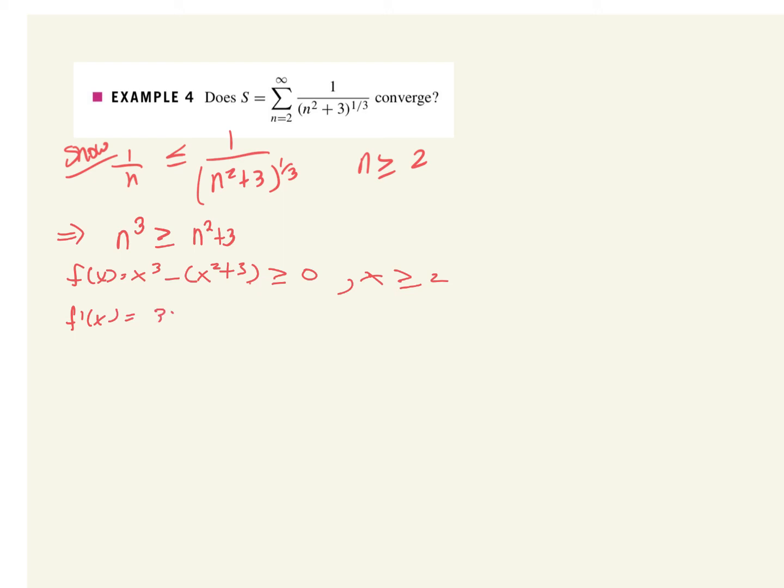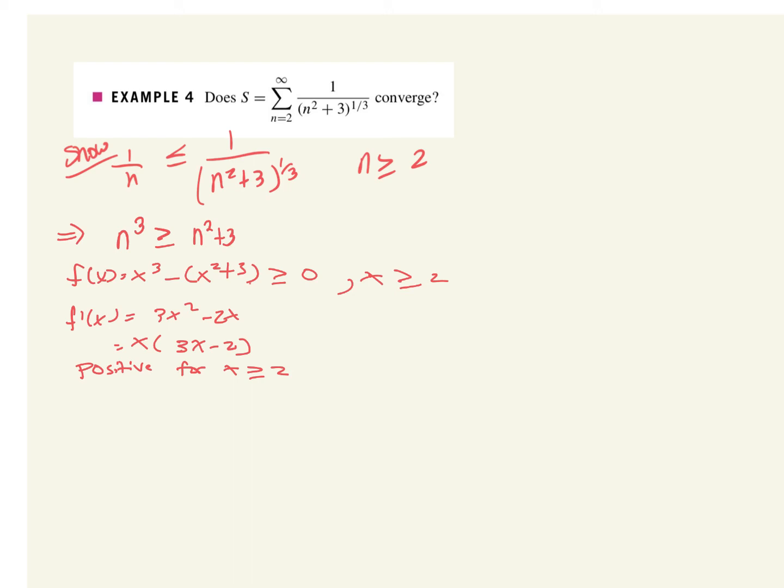The derivative is 3x squared minus 2x, or x times 3x minus 2. This derivative is positive for values greater than or equal to 2, which means it is increasing.